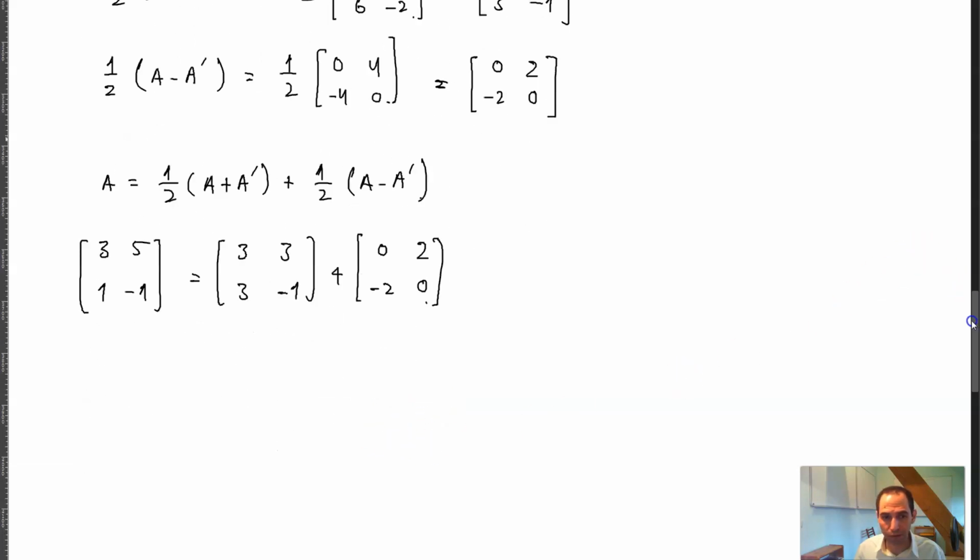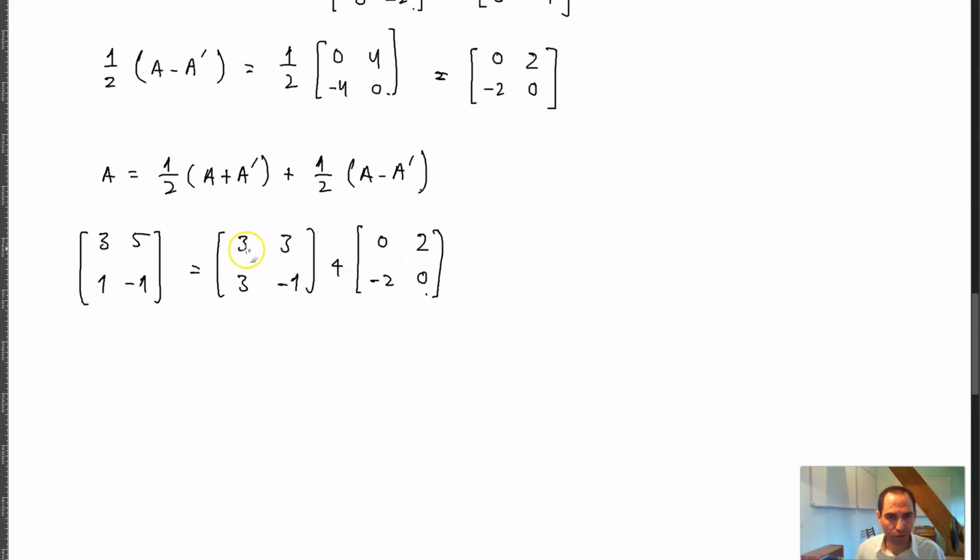And in order to verify, 3 plus 0 is equal to 3, 3 plus 2 is equal to 5, 3 plus -2 is equal to 1, and -1 plus 0 is equal to -1, which is true.